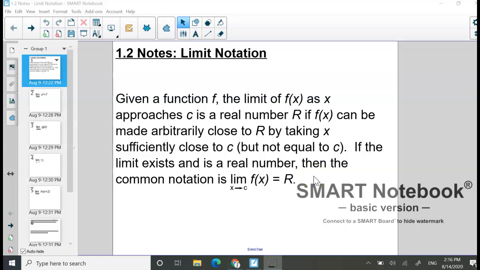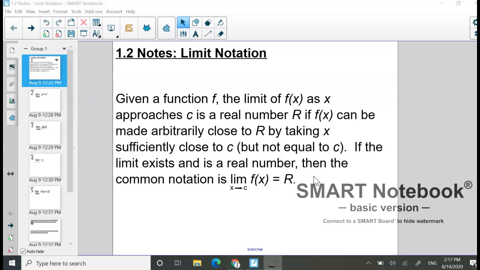So that sort of sounds like a complicated definition, but what it's really saying is if you have a function and your x value is getting closer and closer to a particular number, maybe like 3, so x is getting arbitrarily close to 3, then f of x, or the y value, is going to be taken sufficiently close, or closer and closer, to the value r.